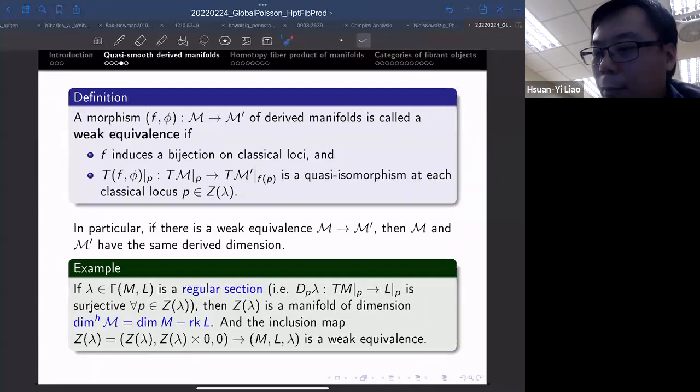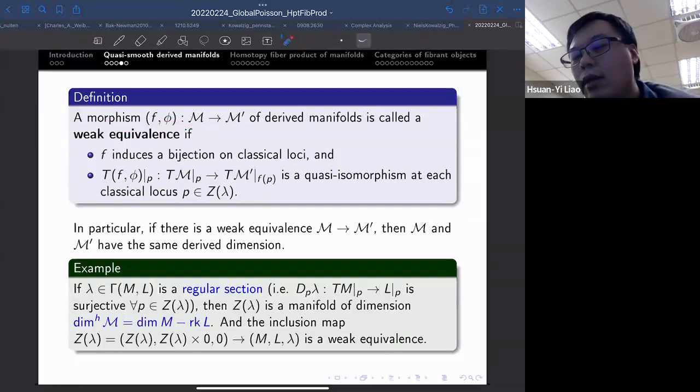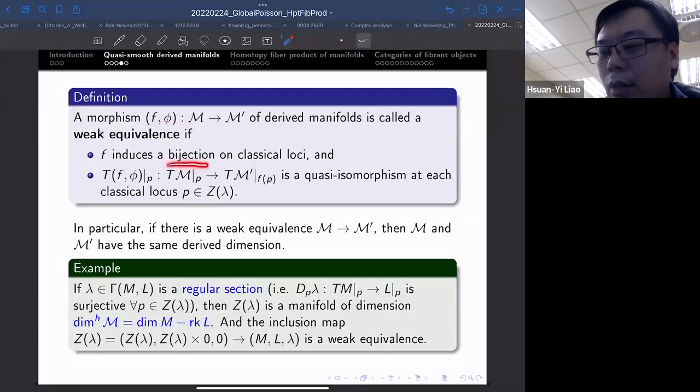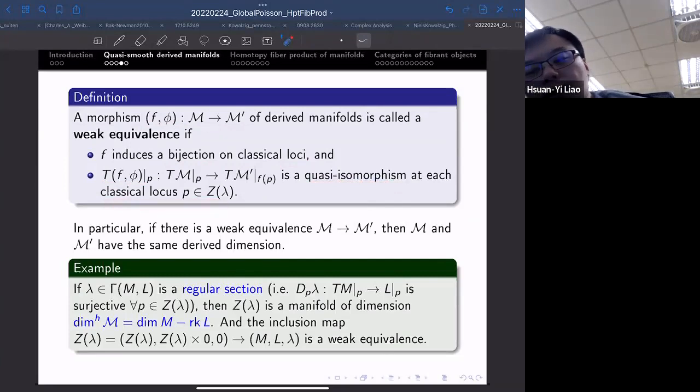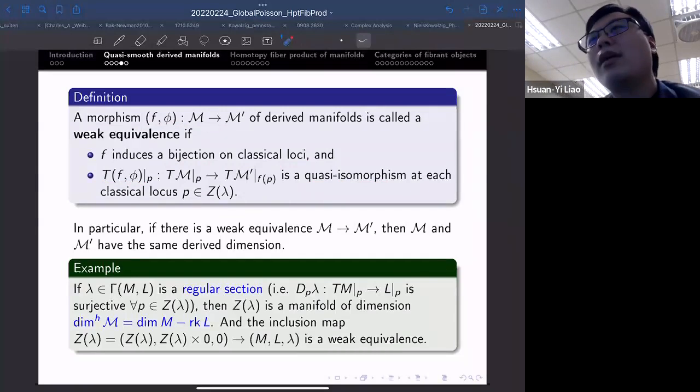A weak equivalence is a morphism which induces a bijection on classical loci, and the tangent map is a quasi-isomorphism at each classical locus. So on the classical locus it is a bijection, and on the tangent complexes it is a quasi-isomorphism. That's what we mean by weak equivalence.